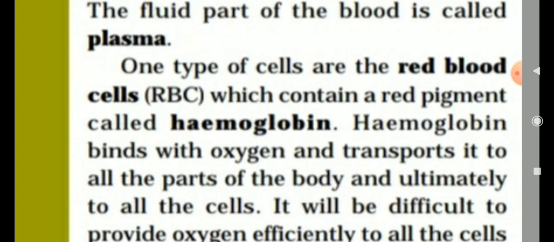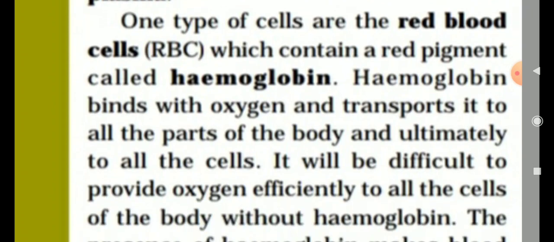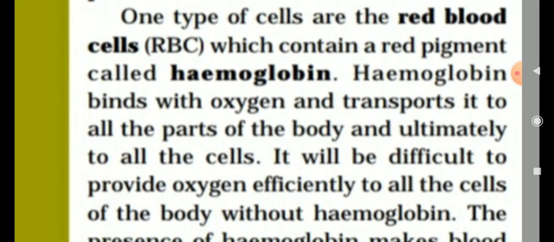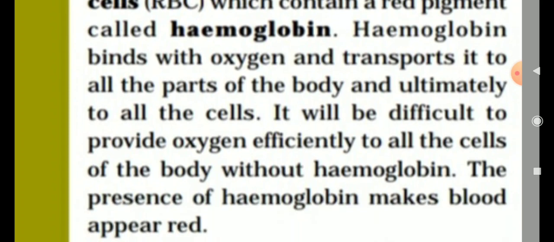Hemoglobin binds with oxygen and transports it to all parts of the body and ultimately to all the cells. It will be difficult to provide oxygen efficiently to all the cells of the body without hemoglobin.